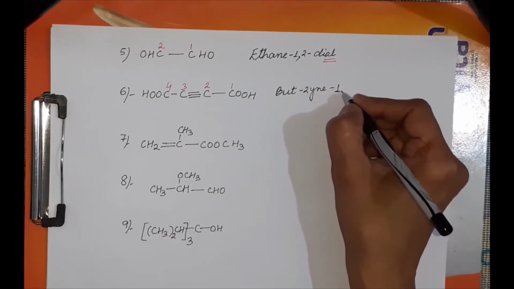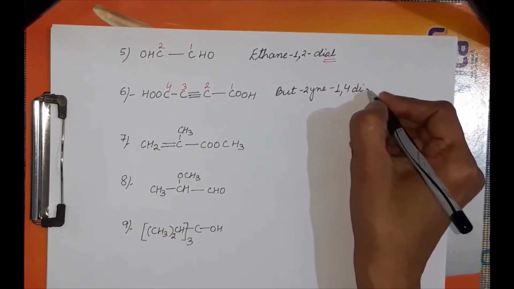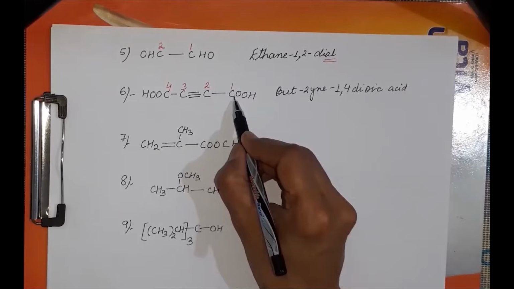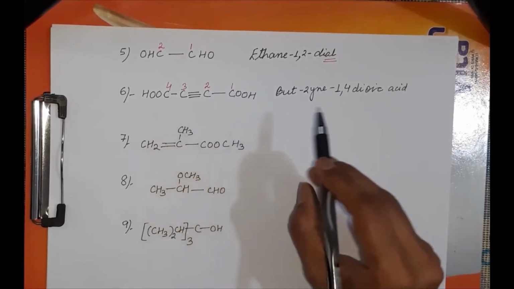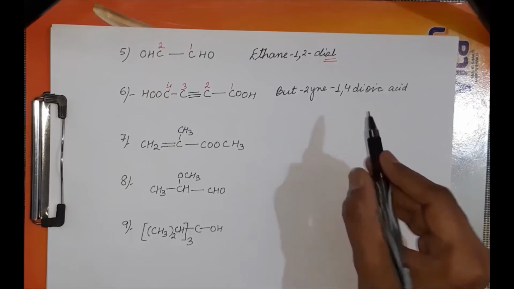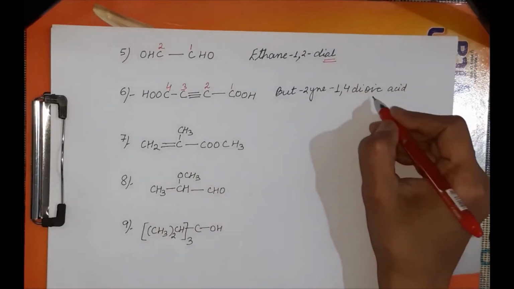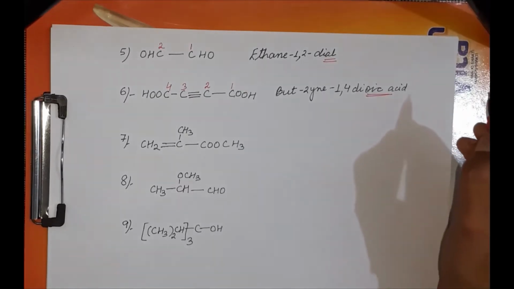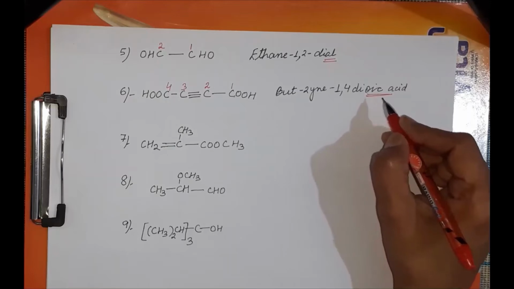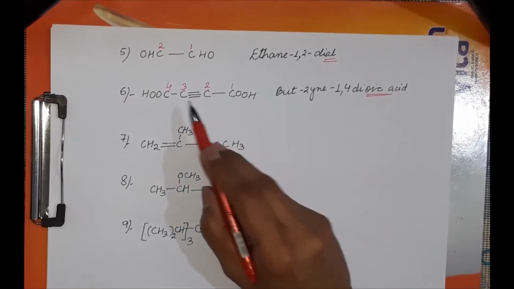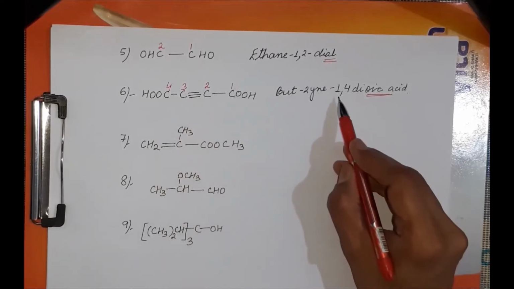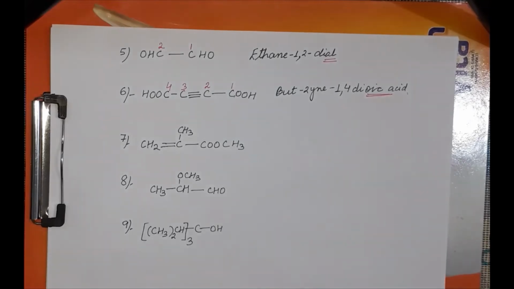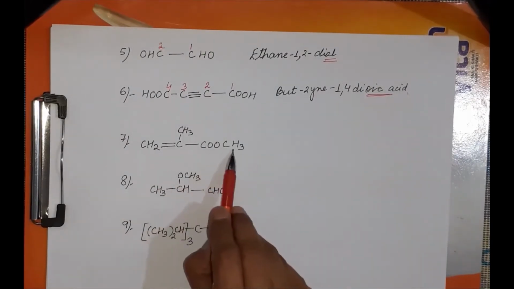And 1,4-dioic acid, because at carbon number 1 and carbon number 4, 2 carboxylic acid groups are there. For the carboxylic acid functional group, the suffix used is oic acid, and since 2 carboxylic acid groups are there at positions 1 and 4, it is 1,4-dioic acid.